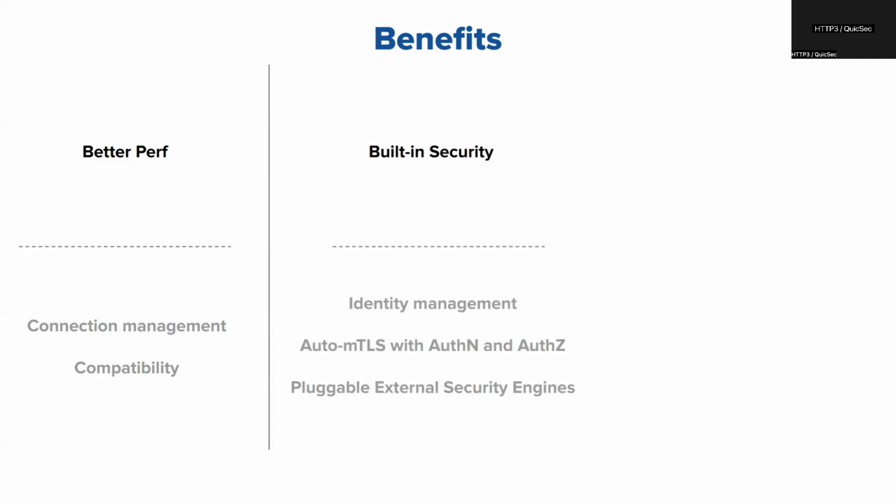Secondly, your applications now benefit from the built-in security of HTTP3, such as mandatory TLS, and QuicSec transparently enables mutual TLS for your applications with zero configuration, and completely transparently automates the identity management of provisioning, validation, and rotation of X509 certificates together with trust attestation, and thereby enabling automatic mutual TLS with external authentication and authorization controls and policies, including pluggable policy engines.